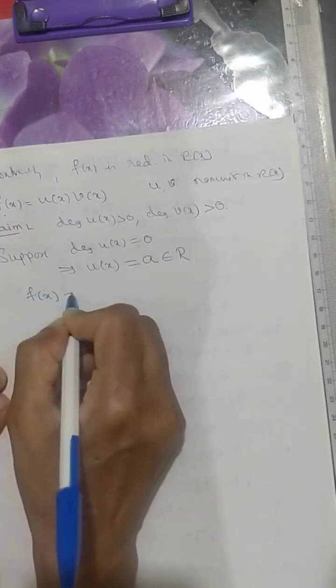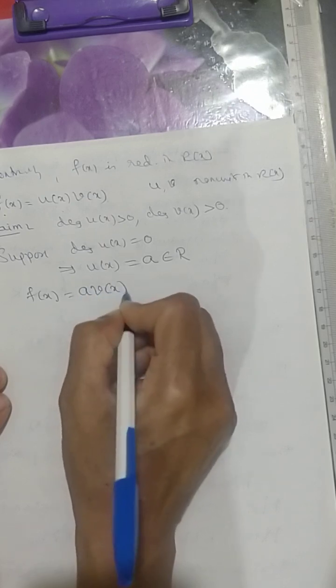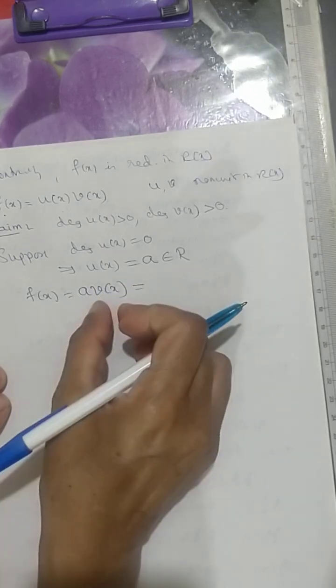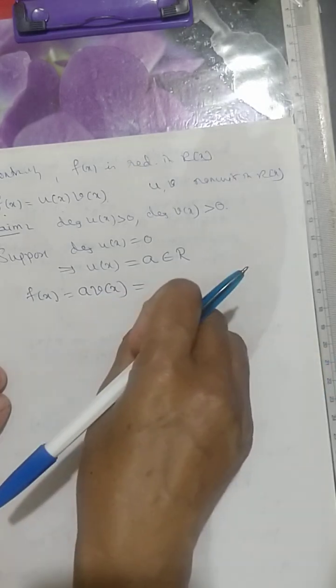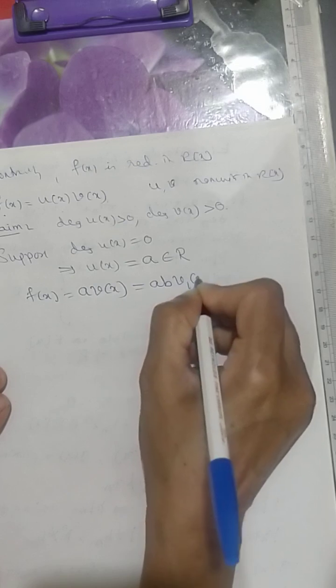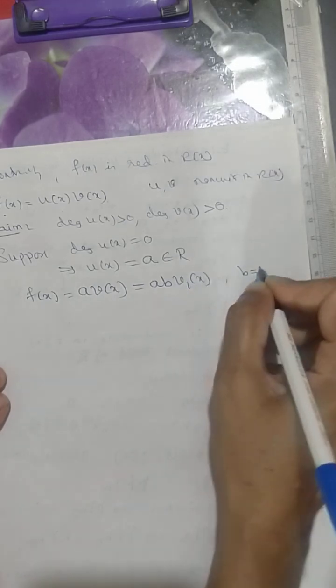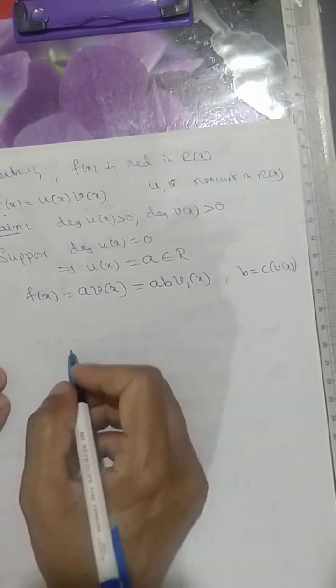Then I can write f(x) as equal to u(x) times v(x), as a times v(x). Now v(x), again I can write it as the content of it times the primitive polynomial. Let me take the content as b. So a times b times v1(x), where b is the content of the polynomial v(x).